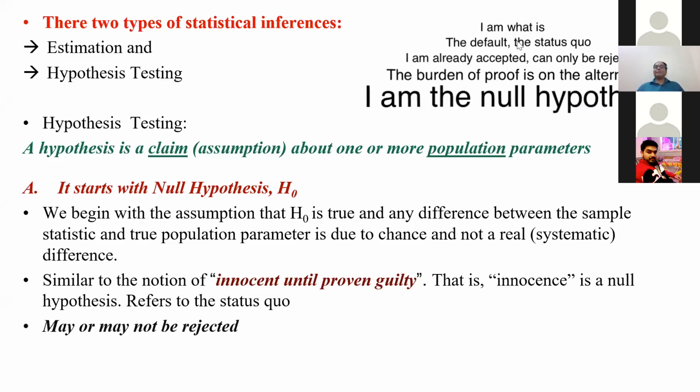I am the default, right? The status quo, I am already accepted, can only be rejected. The burden of proof is on the alternate, I am the null hypothesis. In this sentence, there are so many things which are mentioned.